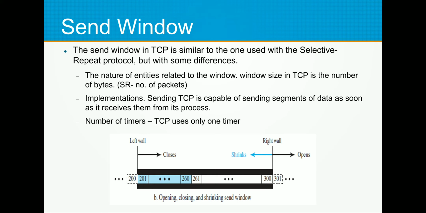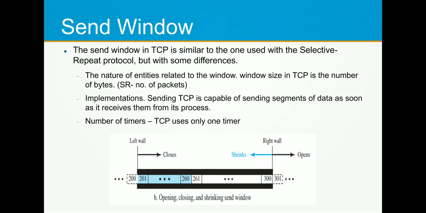And when we talk about the TCP send window, we need to compare it with the selective repeat protocol. Selective repeat and go back n are there in the chapter prior to TCP. Anyway, that's not part of the syllabus, but if you bring about the comparison, even there we have a concept of send window and receive window. The difference is how the size is measured.